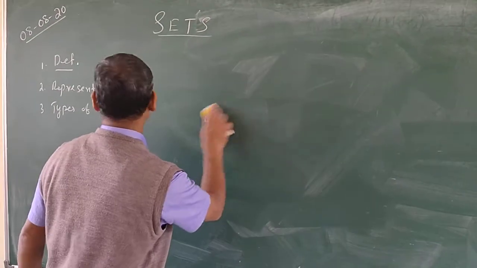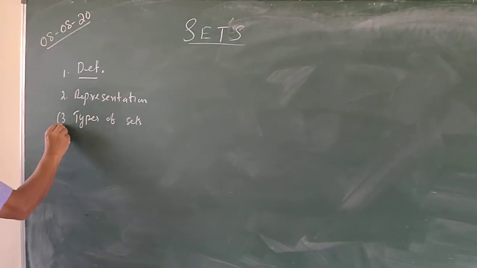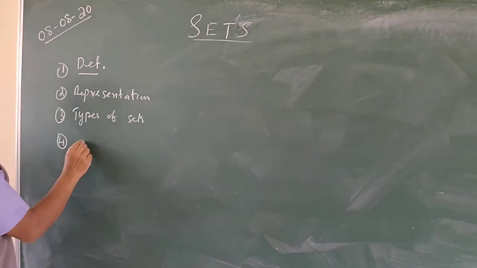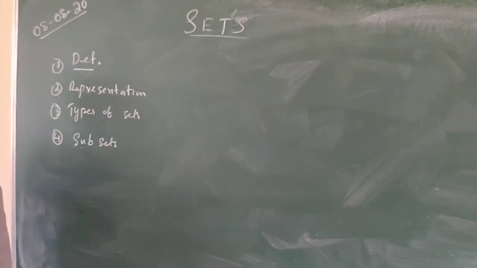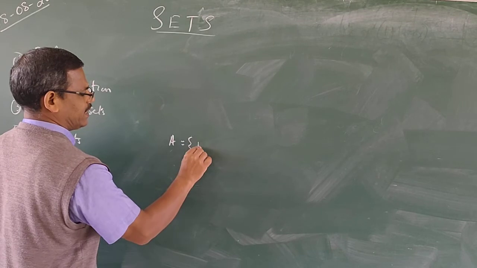So like that, there are different types of sets. Then the next one is subsets. Suppose A is a set like this.